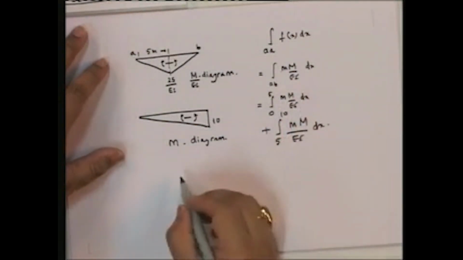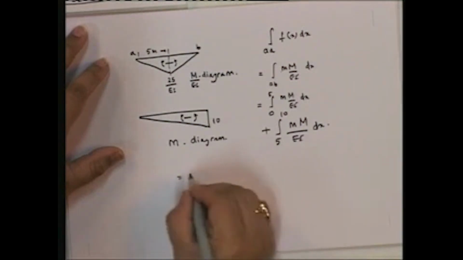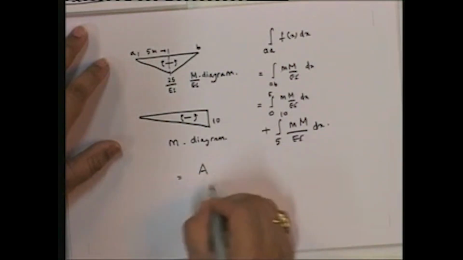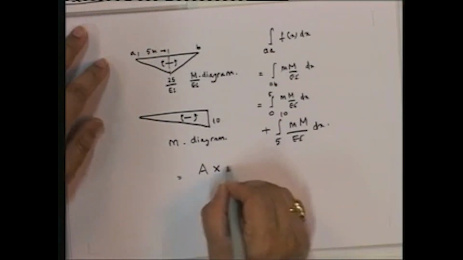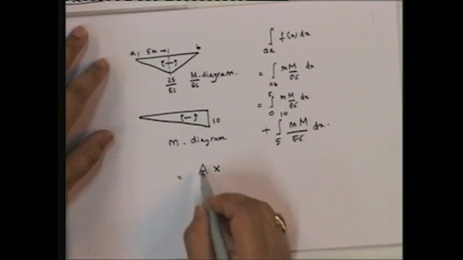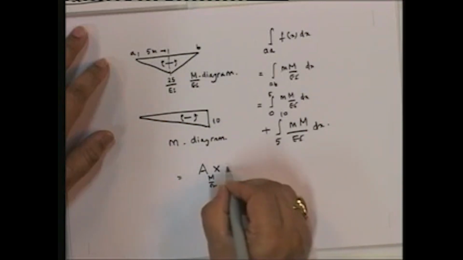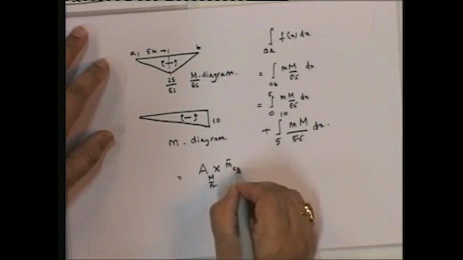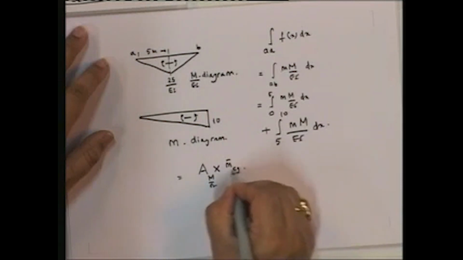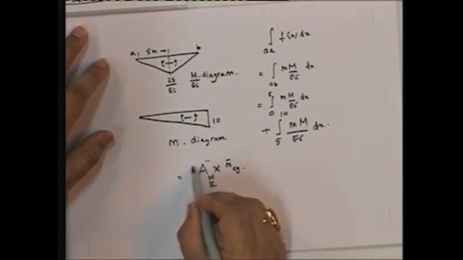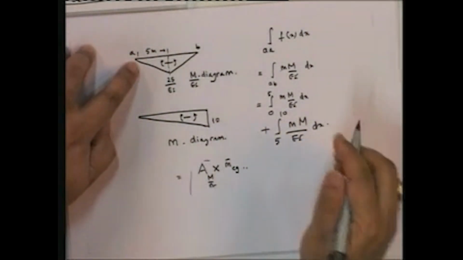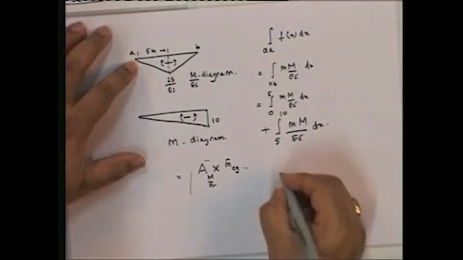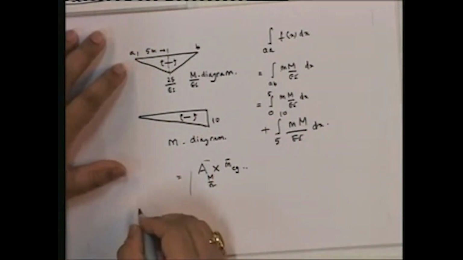Okay, and this integral I'm going to use is given by the area under any one of these curves multiplied by, let's say for example, the area under the M upon EI curve multiplied by the m bar value, the m value at the CG of this area. This is how integration is done, and if we use that, you will see that the M upon EI is given in this particular case.